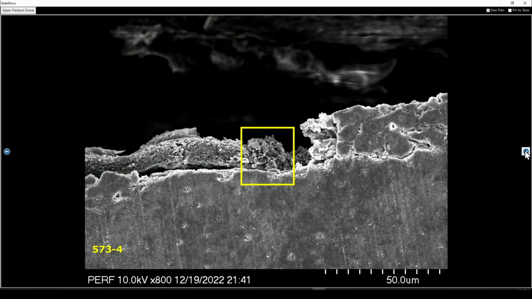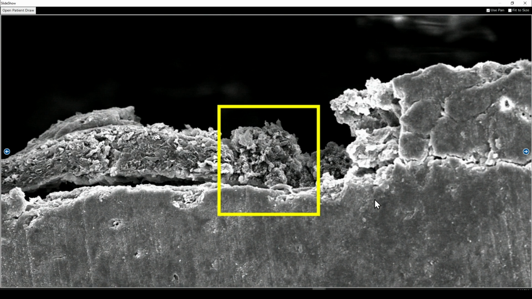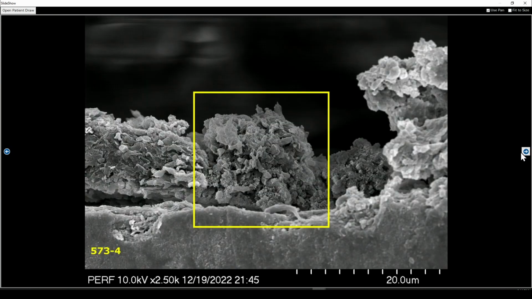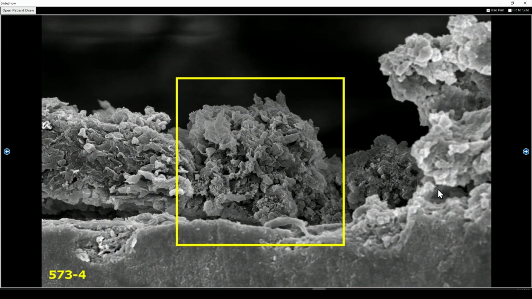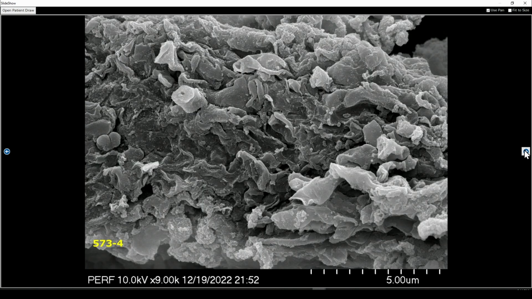So when we went into the axial view, you get a pretty good sense of all the crud that was along the fracture line, and you get a pretty good understanding of what biofilms look like after they've been present for a long time.